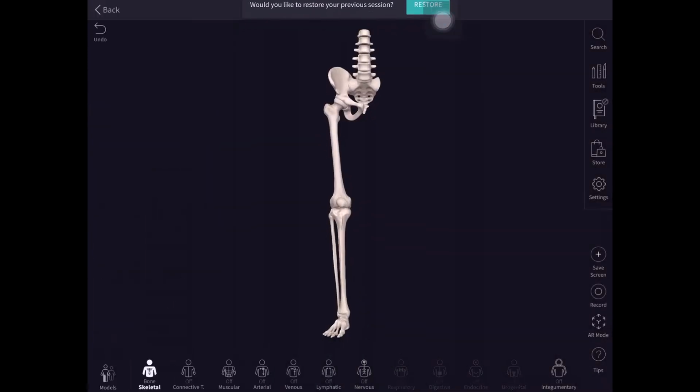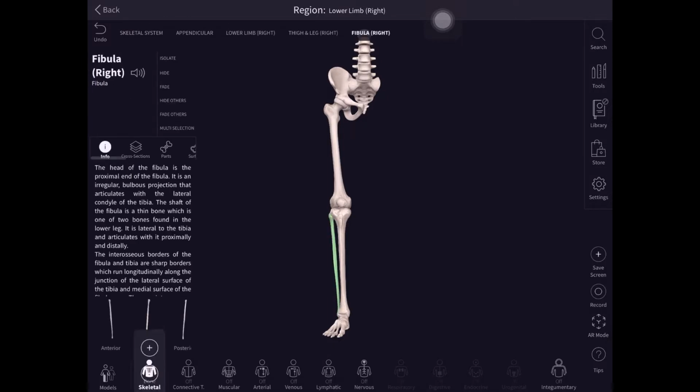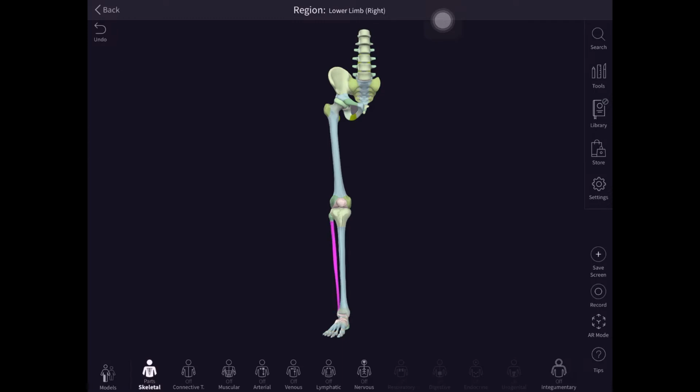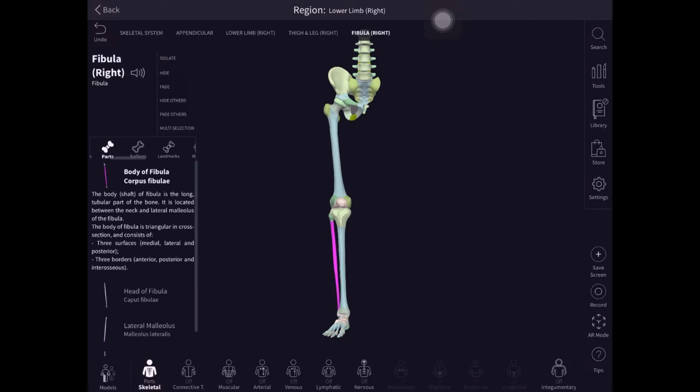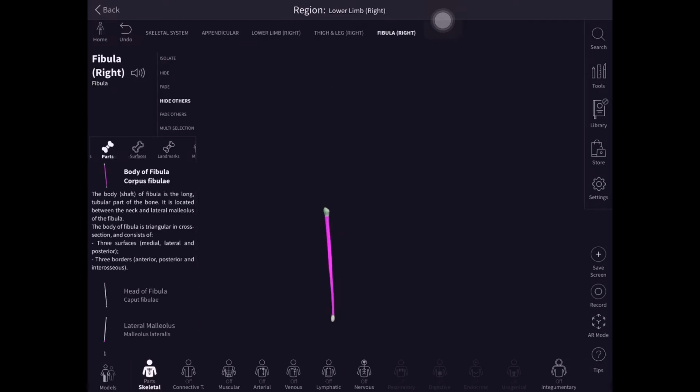So that's a lower limb, and let us identify the parts here again in this case. Now you can see the upper green part, what you are seeing is the head, and the lighter green part which you are seeing between the dark green and the pink color, that light green part is the neck.